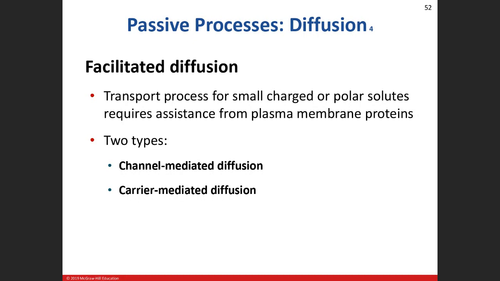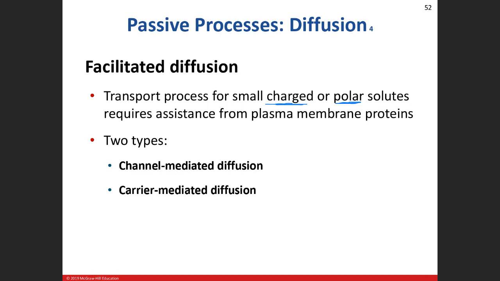We still want to get that inside the cell. So here comes facilitated diffusion. That is going to apply when we're dealing with polar solutes and charged molecules or solutes, or if they're too big, because that could be a problem too.